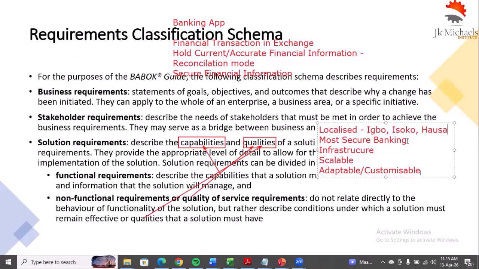Ensuring that it's one of the most secure banking infrastructures, fantastic. That it is customizable, you want to be able to customize it, change the color, change the form. These are all fantastic, but they are non-functional, and they can help you enjoy the solution, right? Qualities that will make you say, oh, I prefer this solution to that one, even though the functional requirement is basic, but this also helps you say, oh, this is my preferred solution.